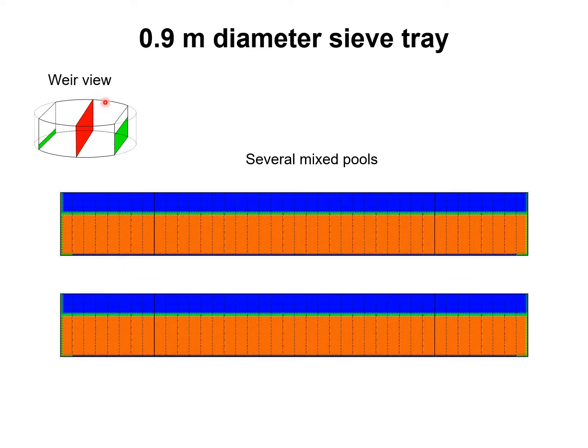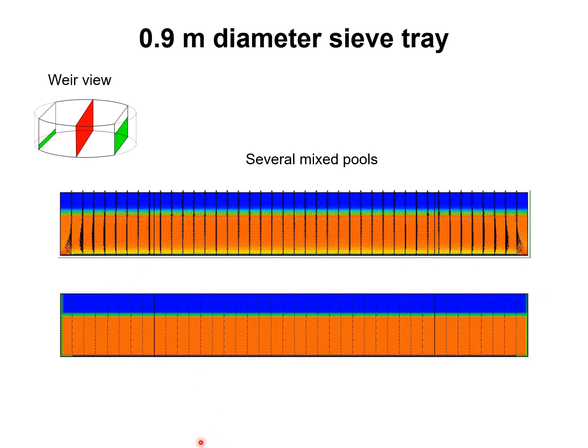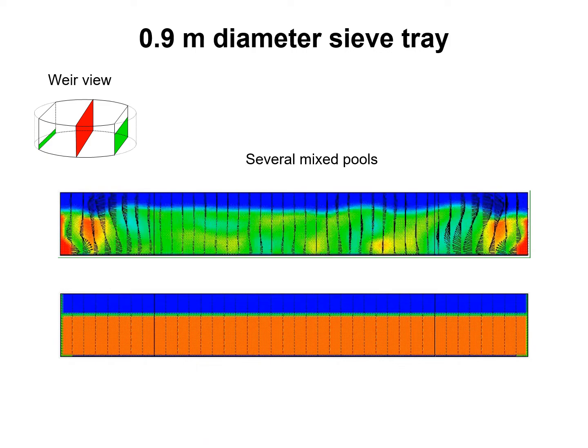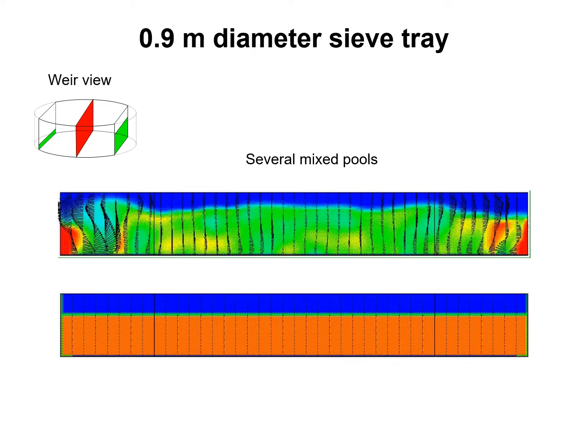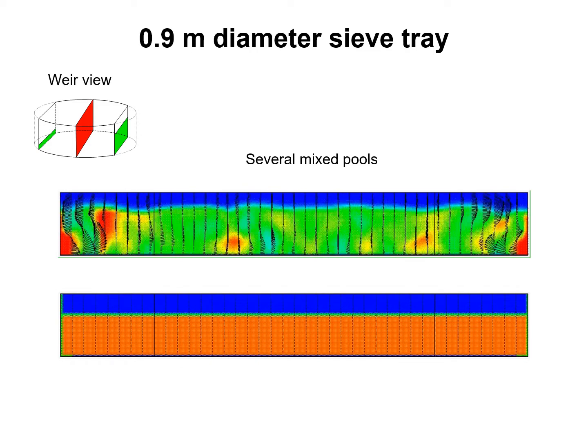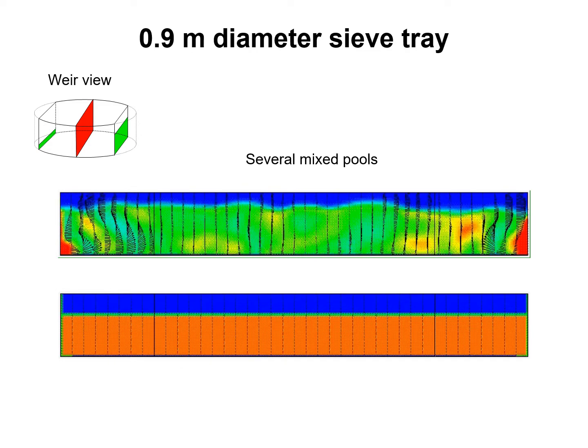Let's focus on the red rectangle here and have a weir view of the gas liquid flow on this 90 centimeter tray. This is much of the same story as before.